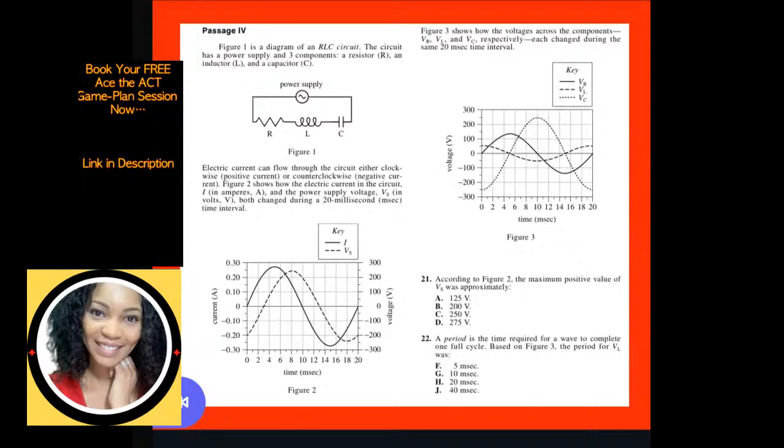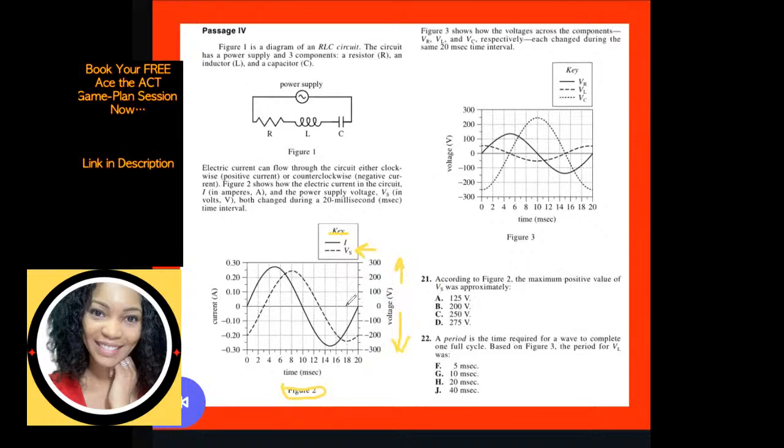We're going to go over to figure 2 and see if we can just find this information. So I'm going to come right over here to figure 2, just like it tells me. And I am looking for the V sub S, which I've pretty much discovered now is voltage. But see, I've come to figure 2, and then I can see in the key right here, the dashed line is the V sub S that I'm looking for, or the voltage, right? And this is the axis that I'm going to pay attention to for voltage.